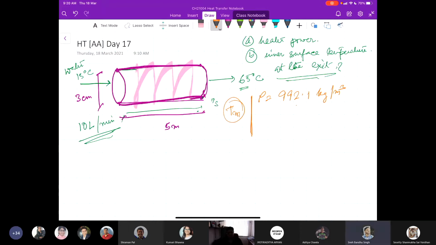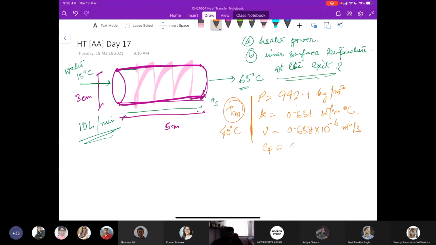Bulk mean temperature, which is 15 plus 65 divided by 2, which is 40 degrees centigrade. At that temperature, the rho of water is this value. K is 0.631 watt per meter degree centigrade. Nu is 0.658 into 10 to the power minus 6 meters square per second.